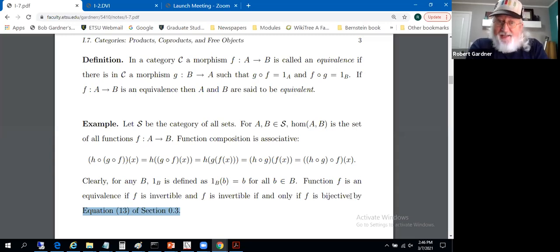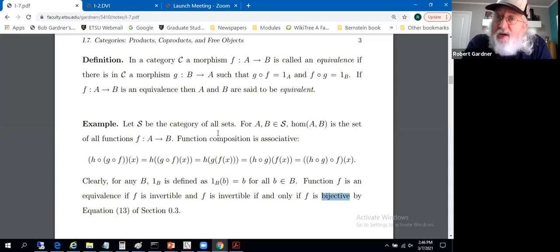So in this example of a category, equivalences are given by bijections. So in this categorical setting, two sets are equivalent, not equal. Two sets are equivalent in this category if there's a bijection from one to the other.